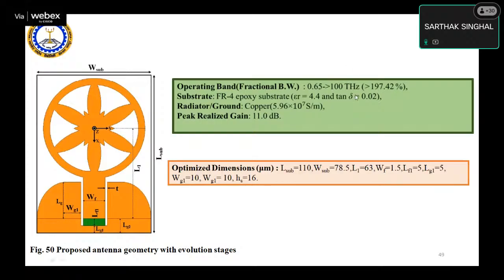Sometimes it would be better or it may degrade, depending on the geometry and the substrate material both. But in practice, it is still not clear whether achieving this kind of bandwidth with the FR4 epoxy substrate will be practically possible or not.